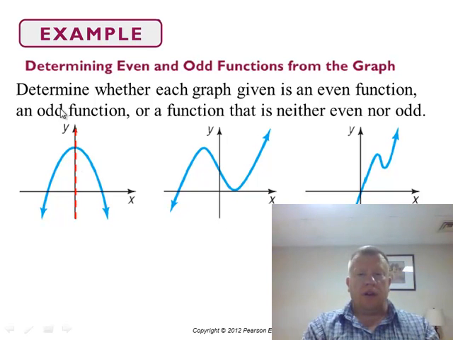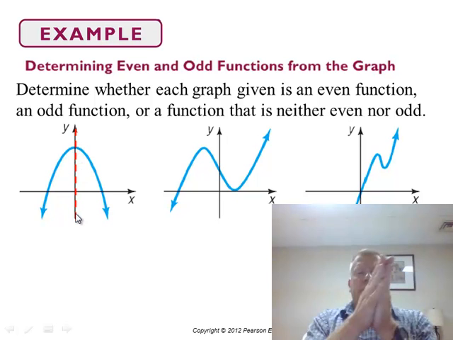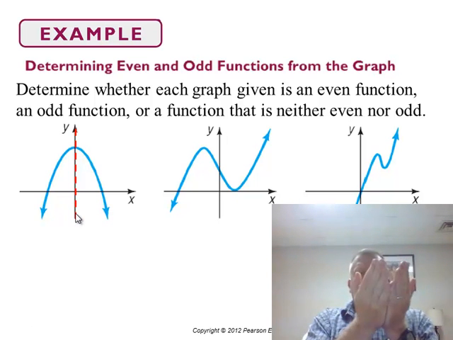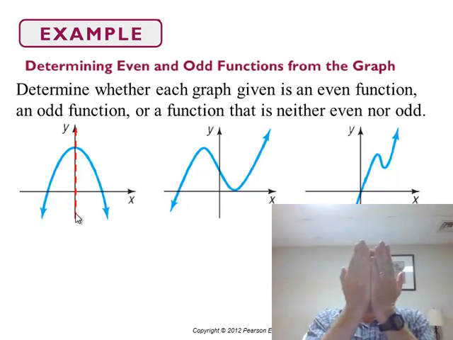If you were to take a pair of scissors, cut out this graph on a piece of paper, and fold the picture right down the y-axis in half, you would see a mirror image of that graph on either side.